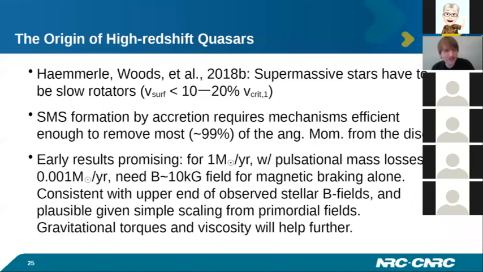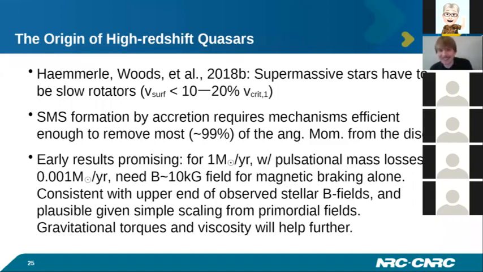Early work on this, including a paper by Lino Hemmerle in 2019, suggests this is roughly promising. We do think that with the kind of magnetic fields we expect these stars to have, and pulsational mass losses of the order that we expect, we should be able to get the kind of braking that we need.